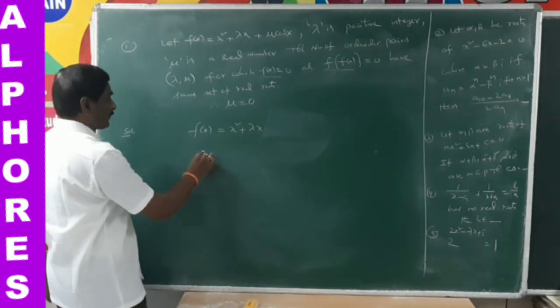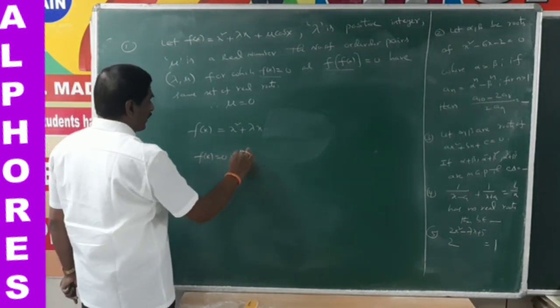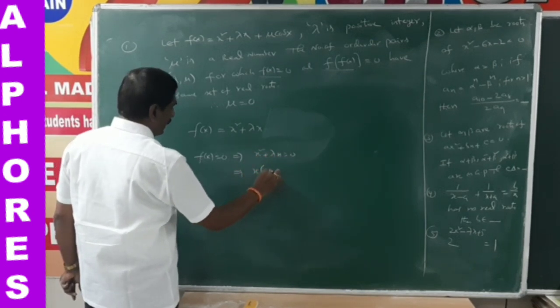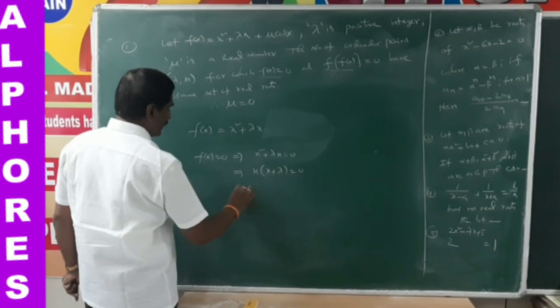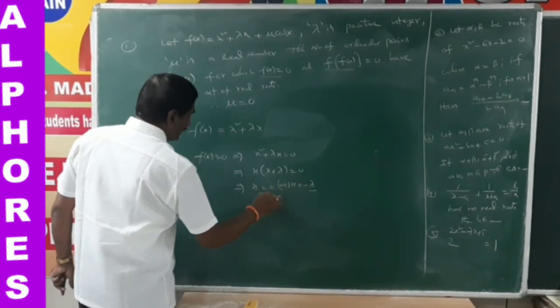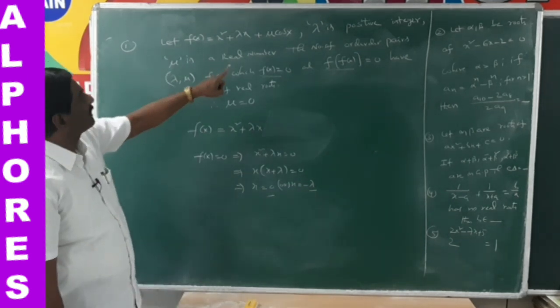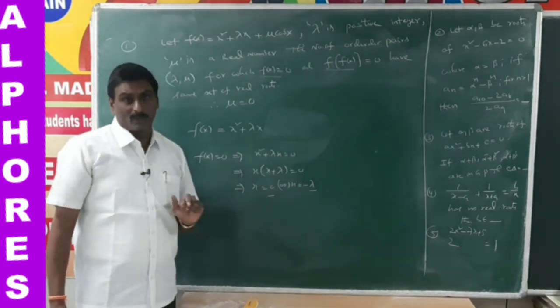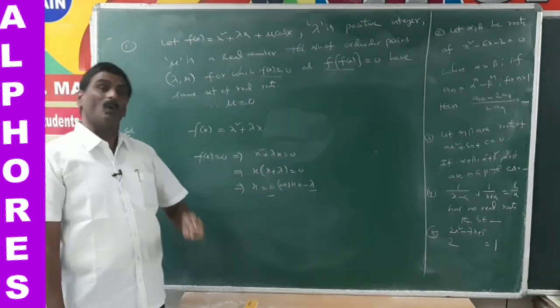What are the roots of f(x) = 0? x² + λx = 0, where x is the common term, so x(x + λ) = 0. That implies x = 0 or x = -λ. Since λ is a positive integer, these are two real roots.